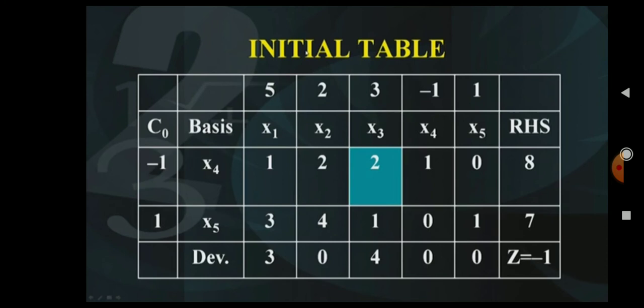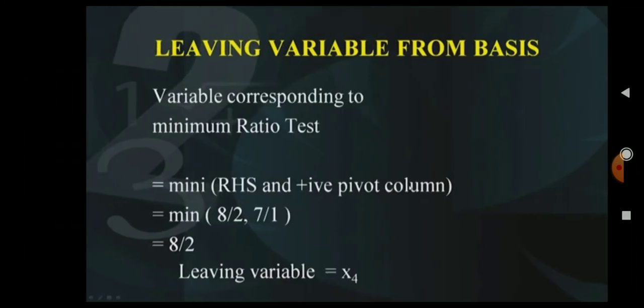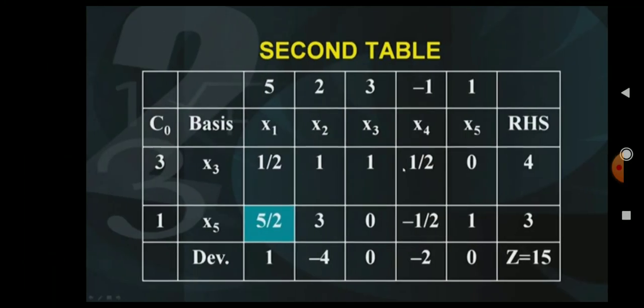So r3 minus r1 by 2, that means 3 minus half, that will be 5/2. So the row is 5/2, 3, 0 minus half, 1 and 3. And 7 minus 8 by 2 is 3.